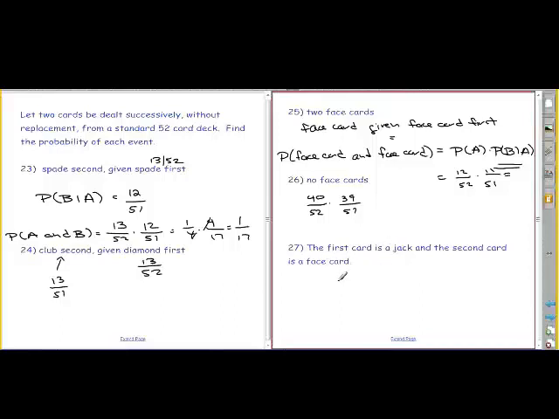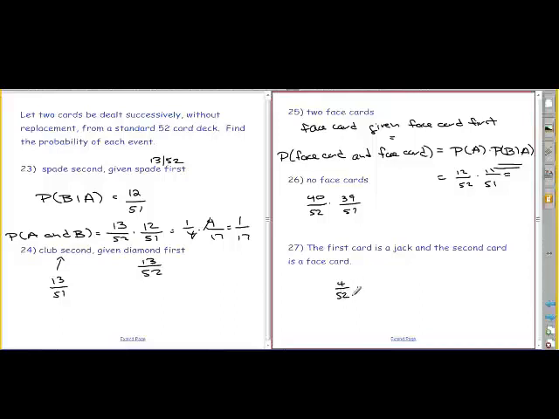Okay, let's look at this one. The first card is a jack, so the probability of picking a jack is going to be 4 out of 52. So that's the probability of event A happening. Now, a jack is a face card. Oh, it says both are jacks. Okay.